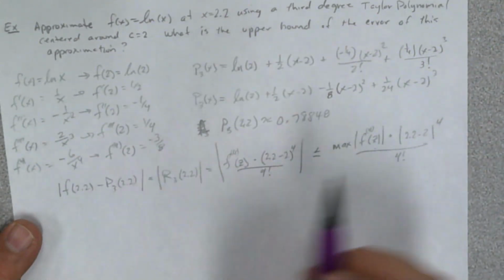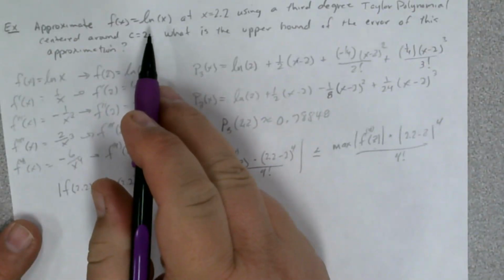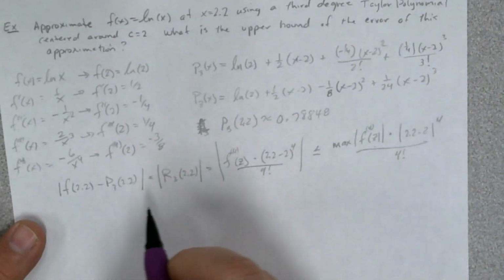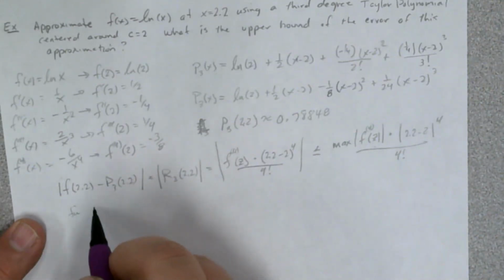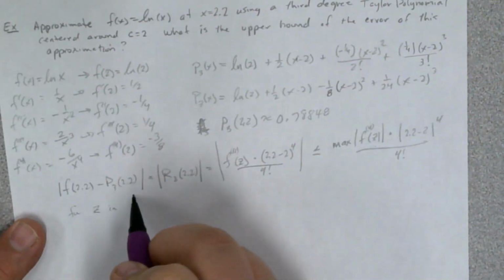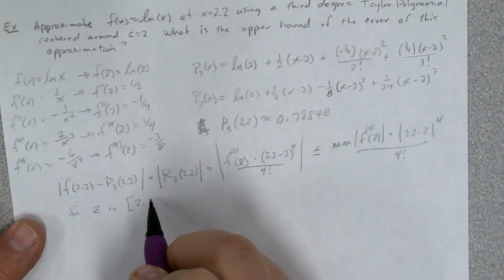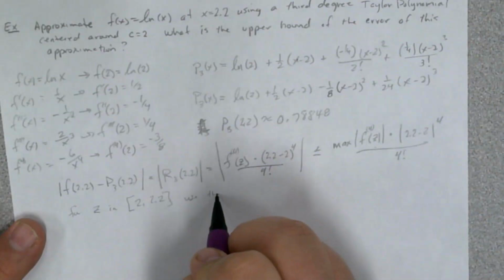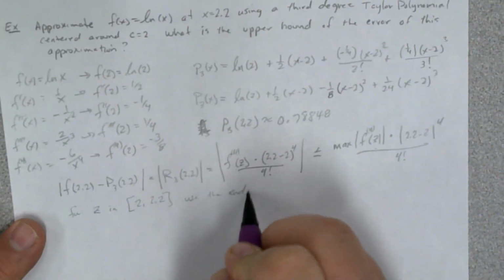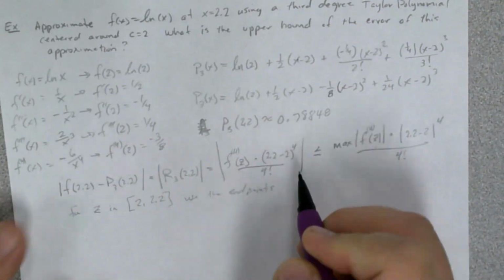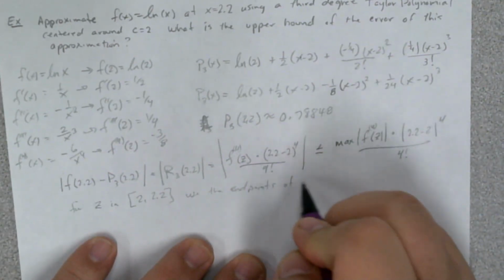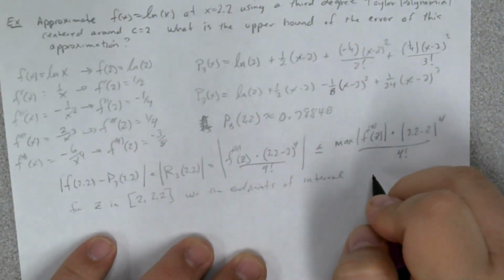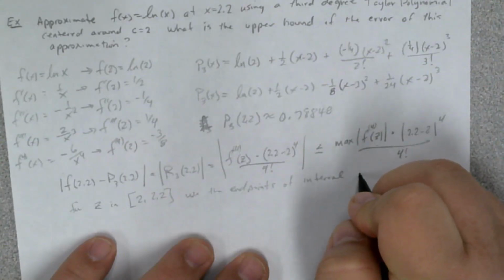And so from this natural log and the way that lays out, we know that for z in this interval, 2 to 2.2, use the endpoints of the interval to find the max.